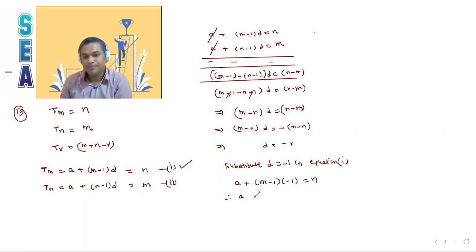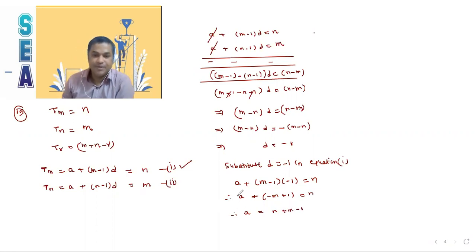Therefore a minus m plus 1 is equal to n. So therefore a is equal to n plus m minus 1.